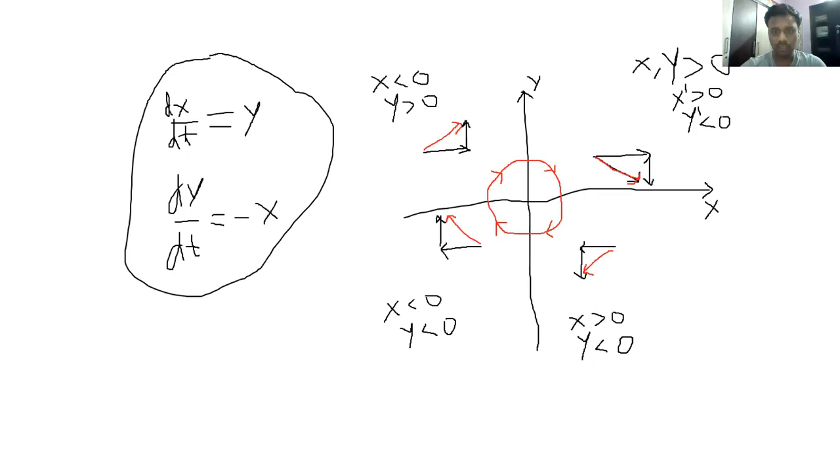Now, if you want to plot, you have to sketch this curve, with respect to different values of k, meaning different values of the initial condition. So it is not always easy.